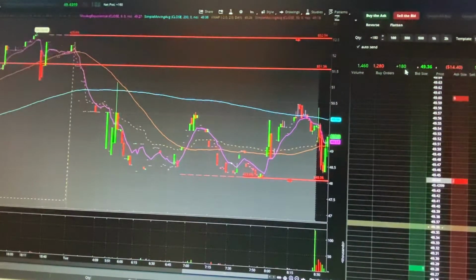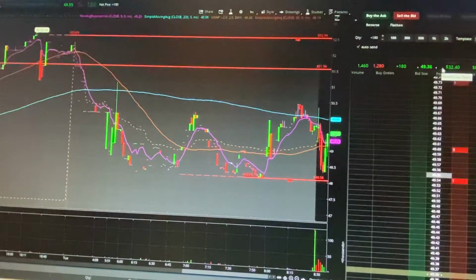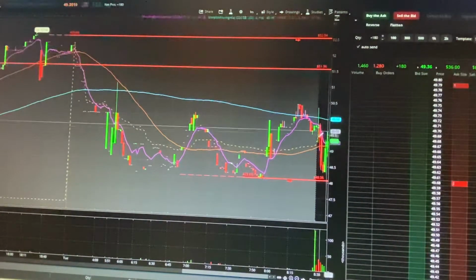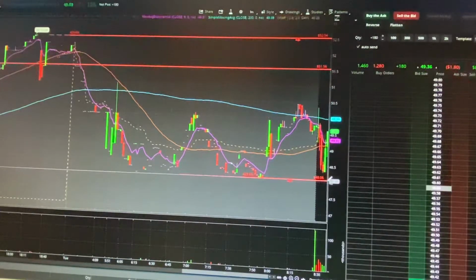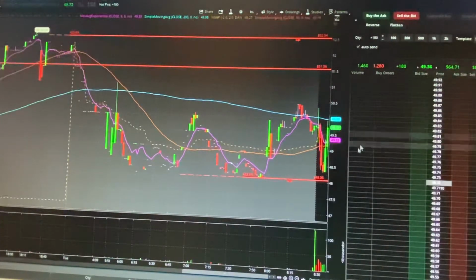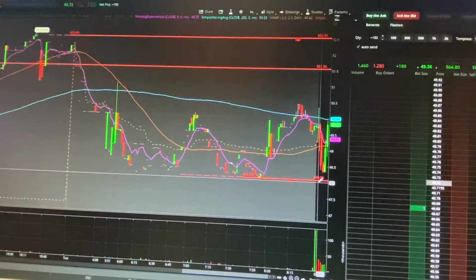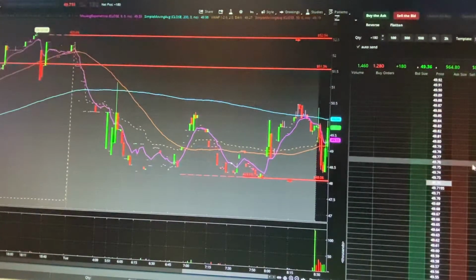I bought 180 shares at 49.36. Right now I'm down $1. It fluctuated somewhere. Okay, I'm back at $32 right now. It's at 8:36. Let me see.